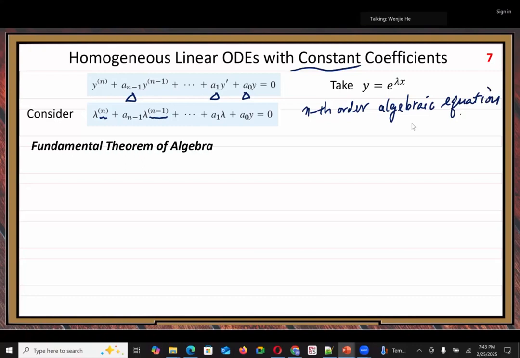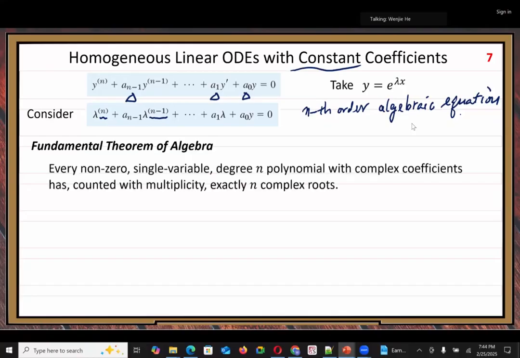Then there is a famous theorem I mentioned before, when I explained comparing coefficients: the fundamental theorem of algebra. Now let me give you the statement of that theorem.